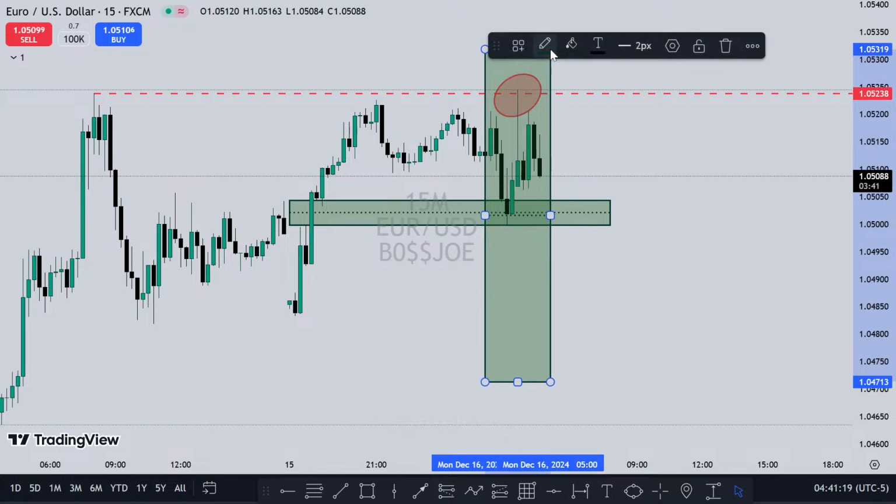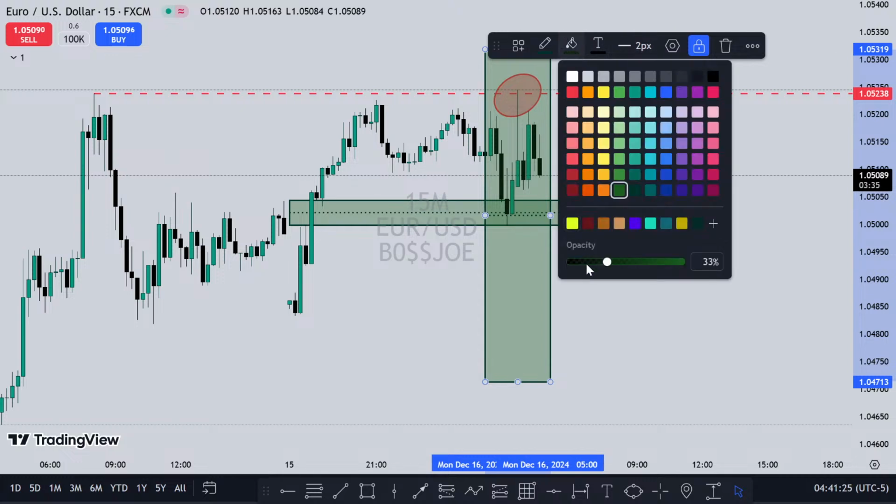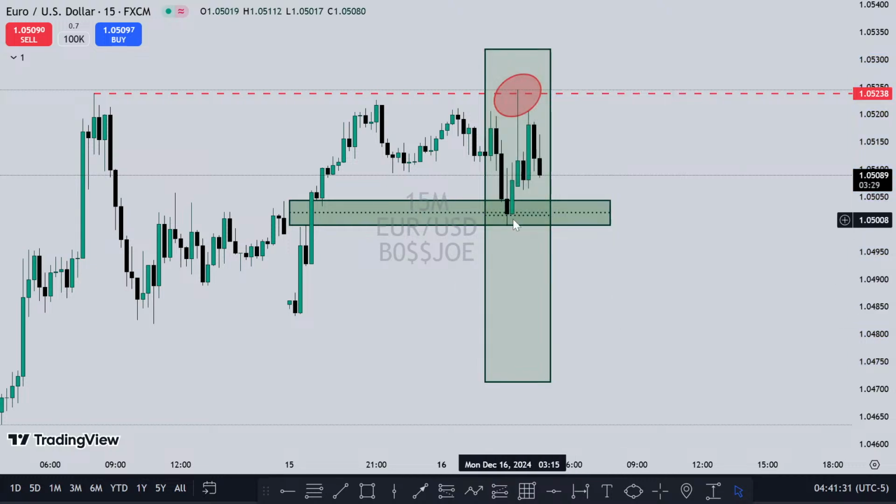So look what happened during this London session. There's a fair value gap here. Remember we said a fair value gap is a triple candlestick pattern in which the first candlestick high does not overlap with the candle number 3 low.